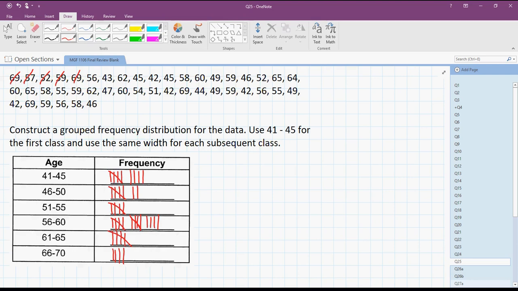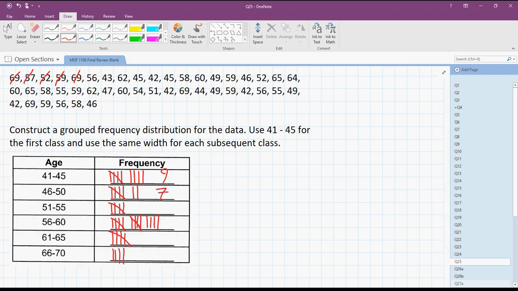So that's what your tally should look like. So what is our frequency for 41 to 45? 9. What is our frequency for 46 to 50? 7.